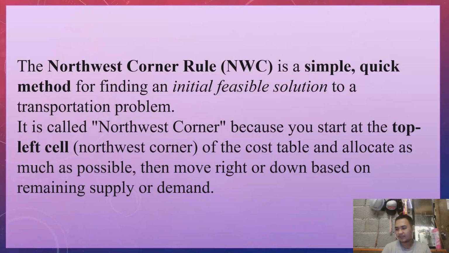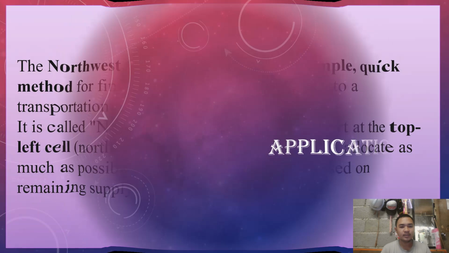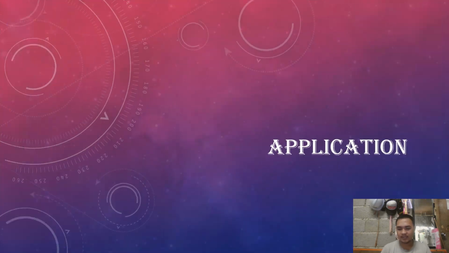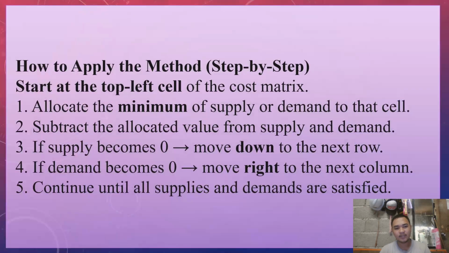To elaborate further, we'll talk about the step-by-step process on how to do the Northwest Corner Rule. We start at the top left cell of the cost matrix and allocate the minimum of supply or demand to that cell.